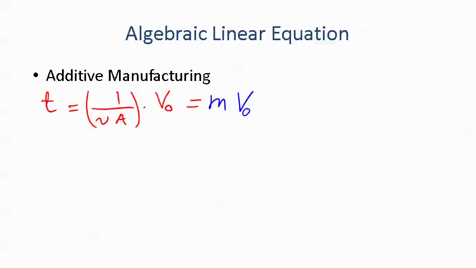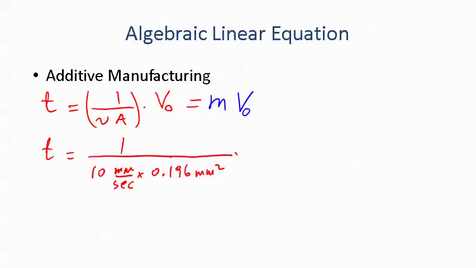Let us now put into this equation the values that we estimated earlier. T is equal to 1 over, the velocity was 10 millimeters per second, the area was 0.196 millimeters square, and this is multiplied by the volume.